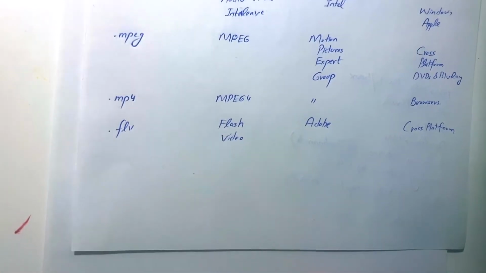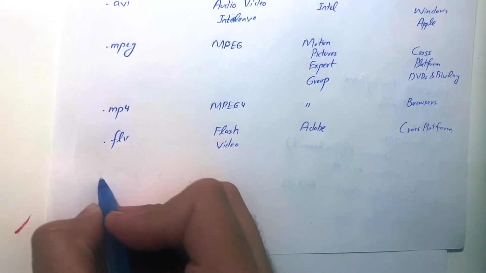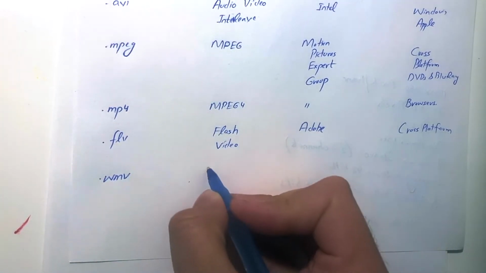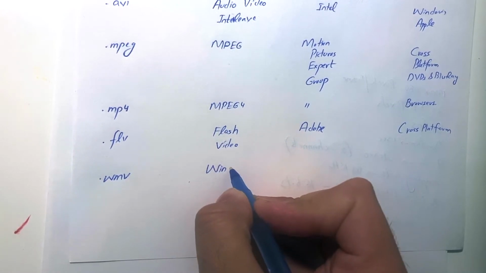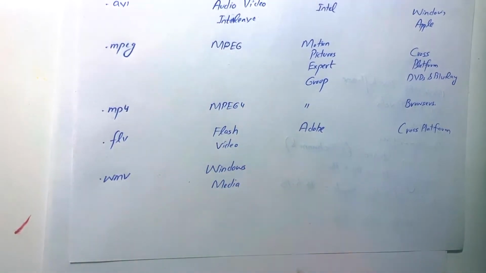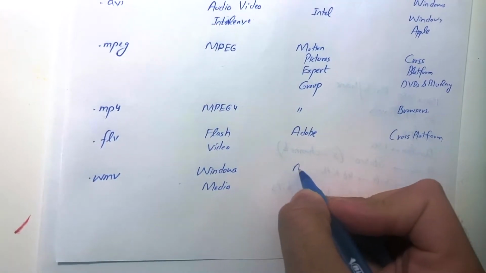Another one, the last one in the list, of course, is .WMV. WMV is Windows Media, and it was created by Microsoft.